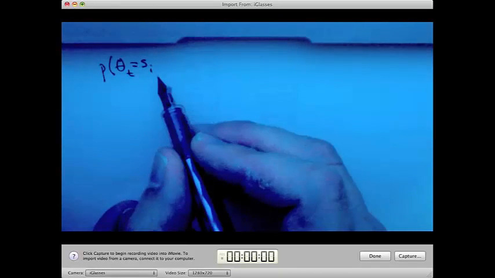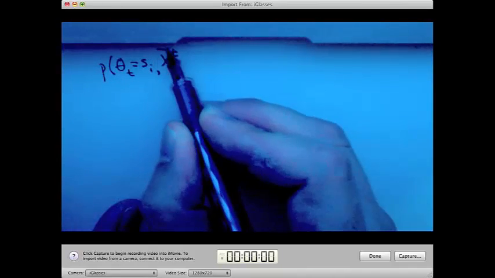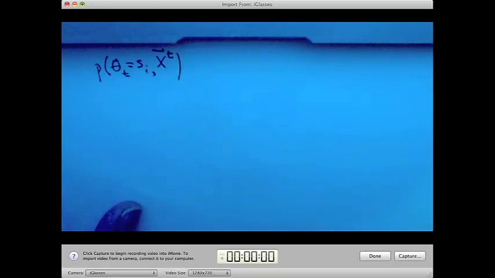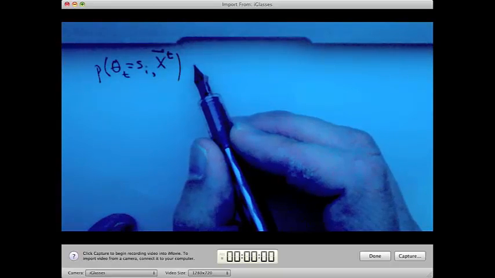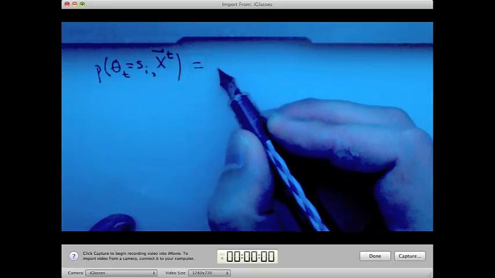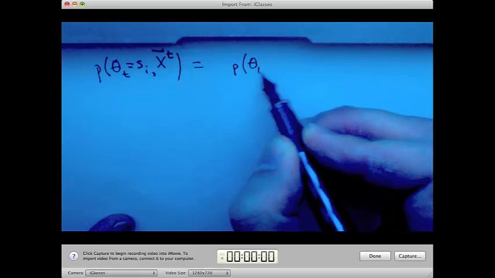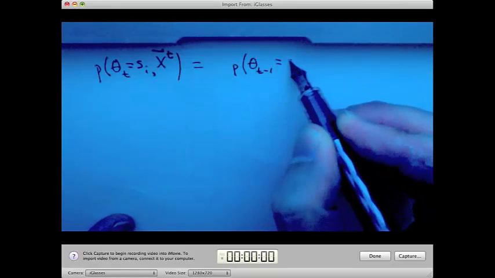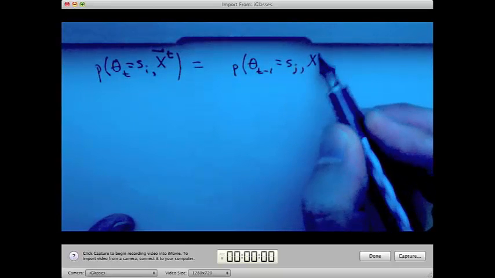and then our complete observation sequence up to xt. Now, I can follow the same basic logic here. Let's just write down the exact same thing here, one step to the previous time step. So I'll write that equal to p of theta t minus 1 to be in some state, let's say S sub j, comma, x t minus 1.